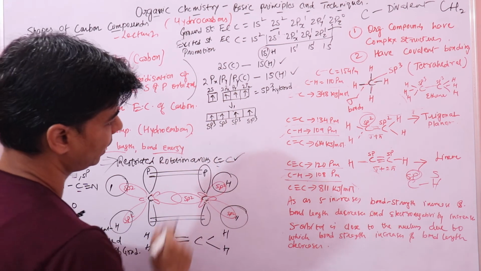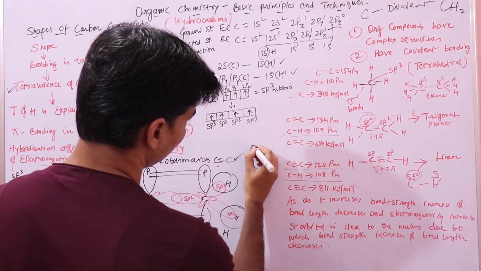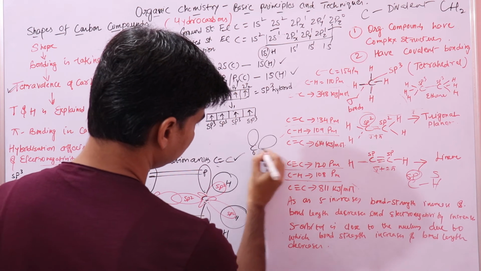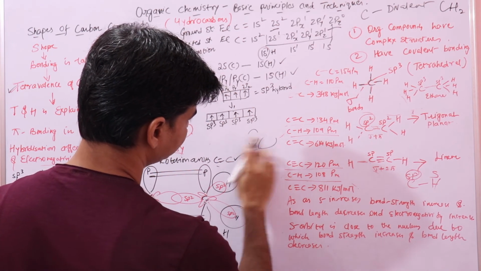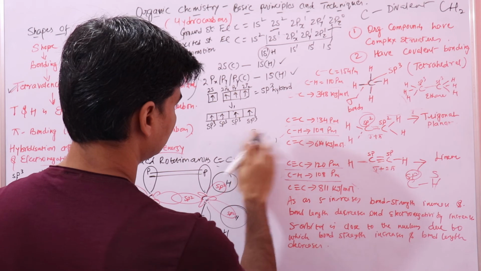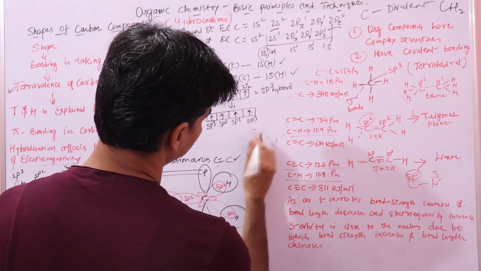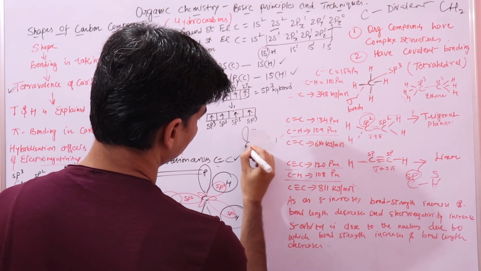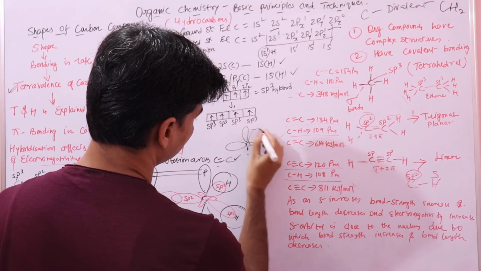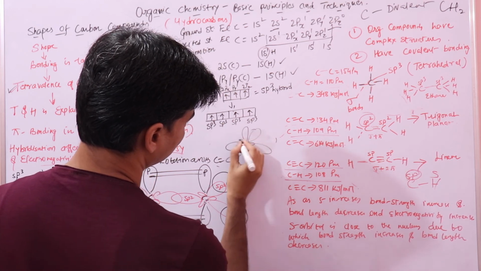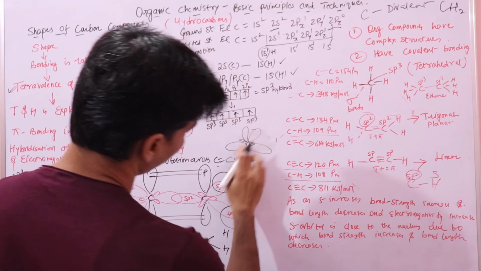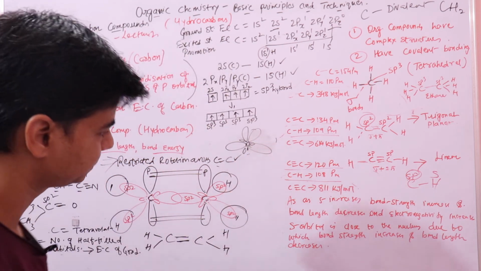Now these 4 sp3 hybrid orbitals look like this, sorry, it should be like this, right? These are 4 sp3 hybrid orbitals.